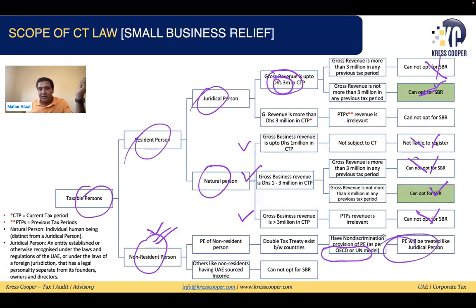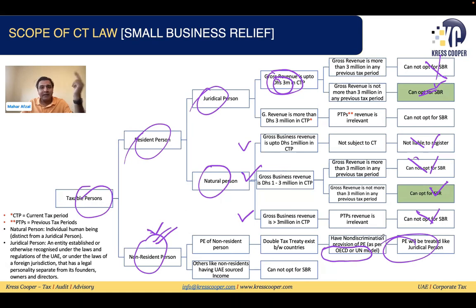So there is one exception. The PE of the non-resident person can fall under the definition of a juridical person, and they can opt for the small business relief if they satisfy the rest of the conditions. There are two major conditions for the PE of the non-resident person to qualify as a juridical person that can opt for the small business relief. First, there should be a double tax treaty between the two countries.